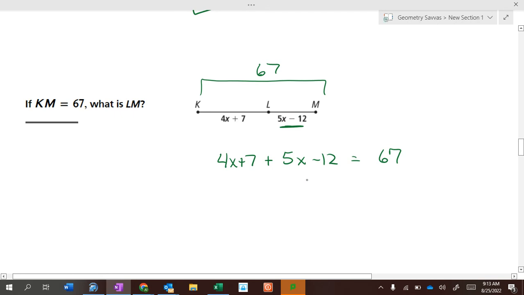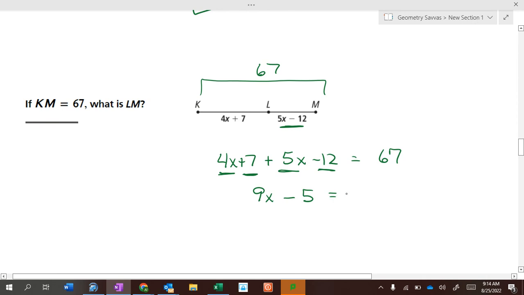All right. So on the left side, before we can start moving things from side to side, we have to combine like terms. I bet Mr. Hodgins said that a few times last year, right? Combine like terms. What's 4x plus 5x? 9x. What's 7 plus negative 12?